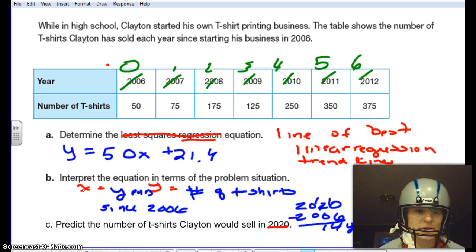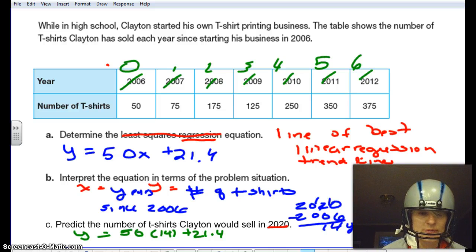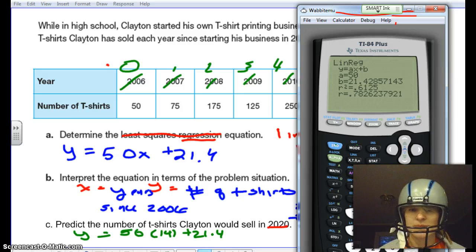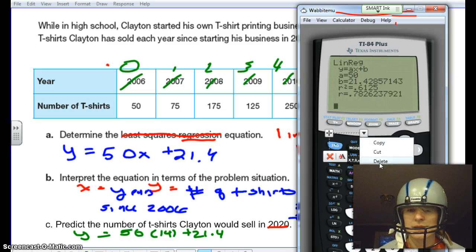So I'm just going to look at my equation. I have y, because that's the number of t-shirts, and then we have 50, and then x is going to be 14, plus 21.4. So I can just take my calculator here and I'm going to go second, quit.